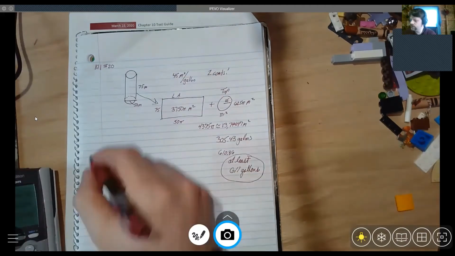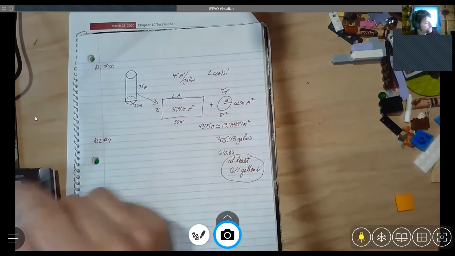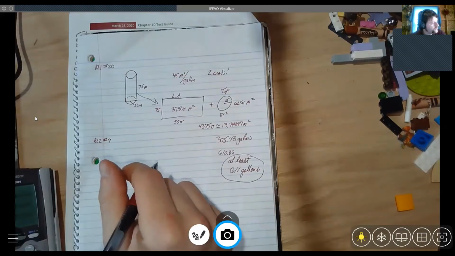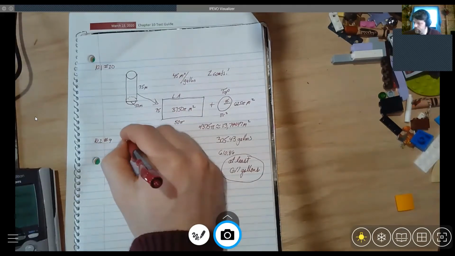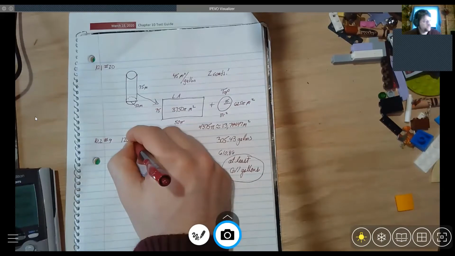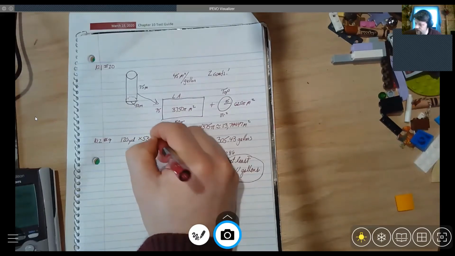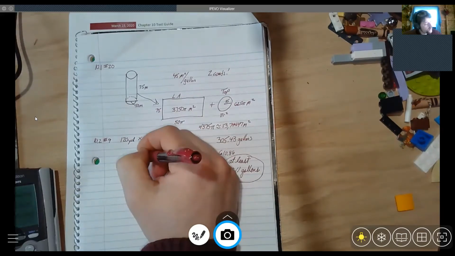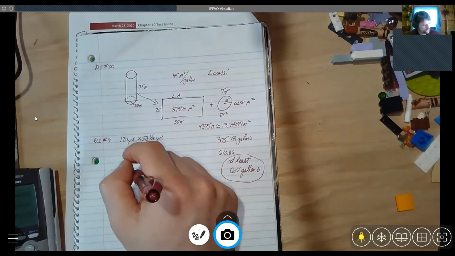Okay, so this one says a football field measures 120 yards, so 100 yards long, and then the end zones are each 10 yards, so 110 yards by 53 1/3 yards. About how many times as large as the area of a football field is the lateral area of the pyramid of Khufu?